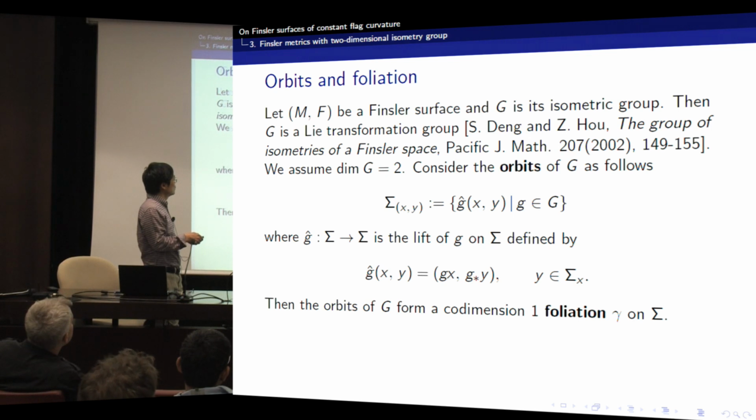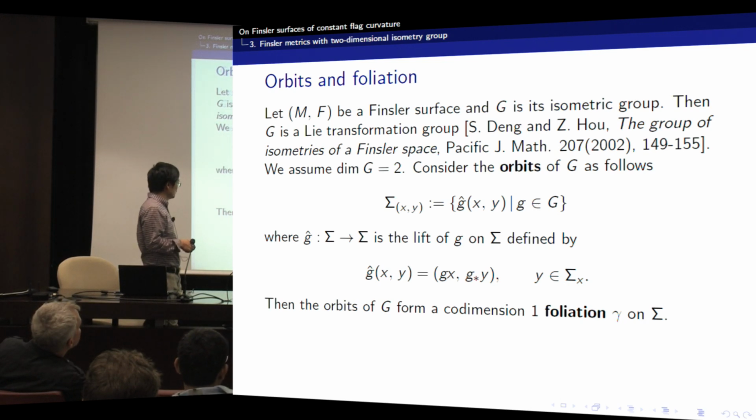Here the small g belongs to the capital G, G is the isometry group. The ĝ is the lift of g on sigma. This is a unitary bundle defined by ĝ(x,y) equals (gx, dg y), where y belongs to sigma_x.